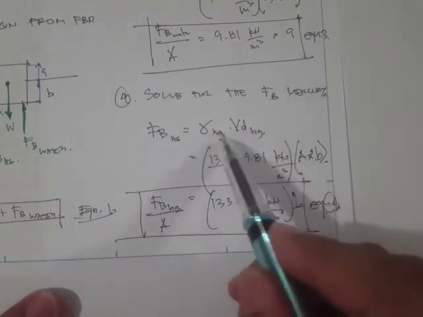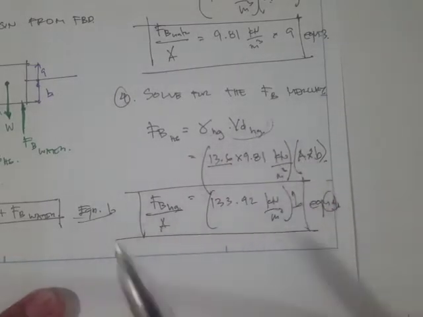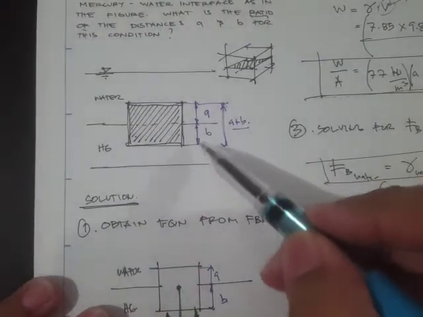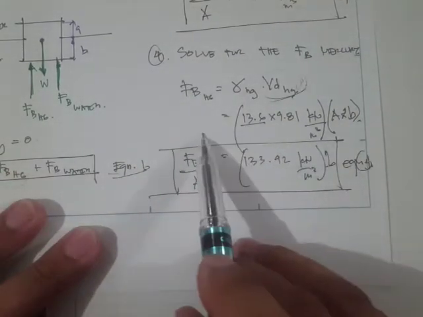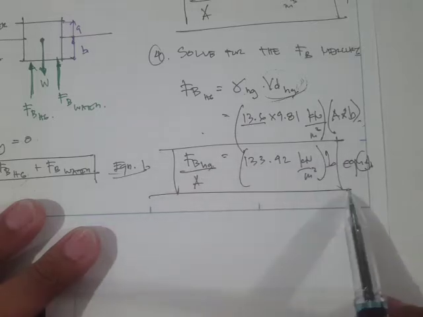Again, it's just unit weight times the displaced volume, except that this displaced volume corresponds to the depth within the mercury layer. We apply that, and we obtain this equation, equation number 4.